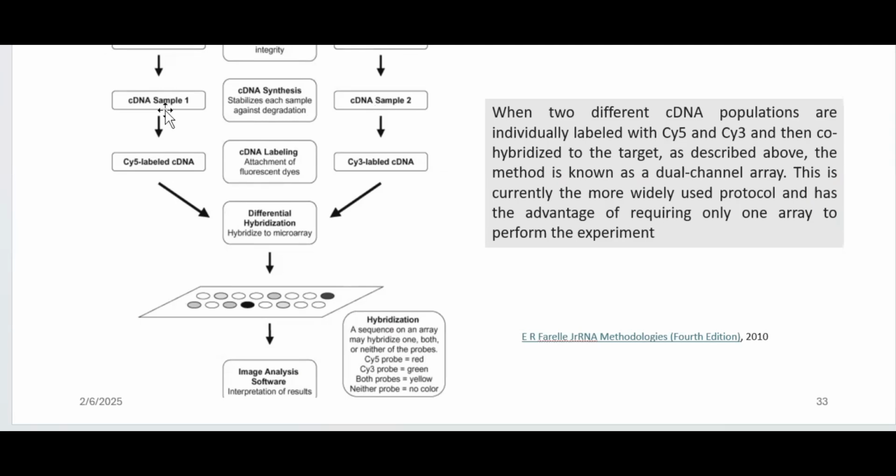Right. Now here, because the samples are differing, you have to use different labels: CY5 labeled cDNA or CY3 labeled cDNA. What are CY5 and CY3? That is something we will talk about when it comes to different probes and materials. But let me tell you, not only the fluorescent dyes, but the targets also are specific. Generally, cysteine is utilized.